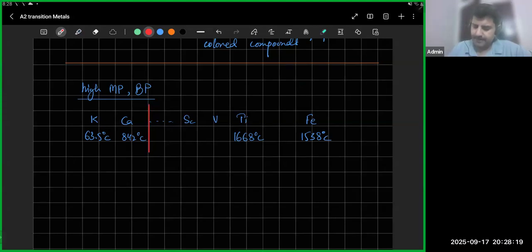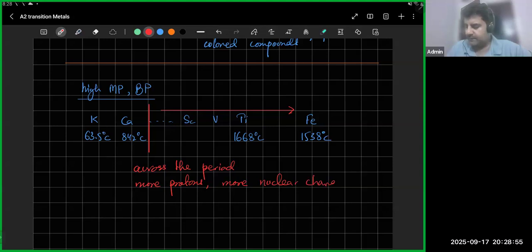The reason is that when you go across the period and move to the right, what happens is that you get more protons in the nucleus. So there's more nuclear charge, which is why there is going to be more attraction for outer electrons.